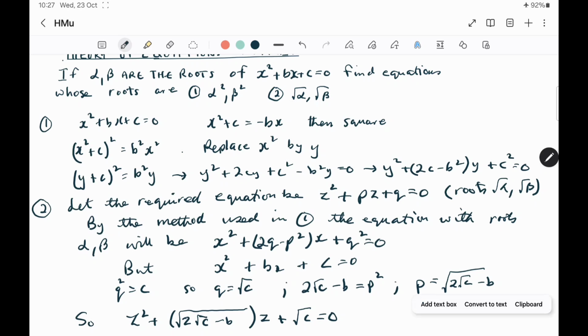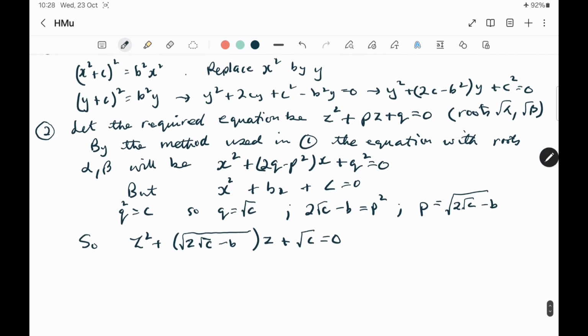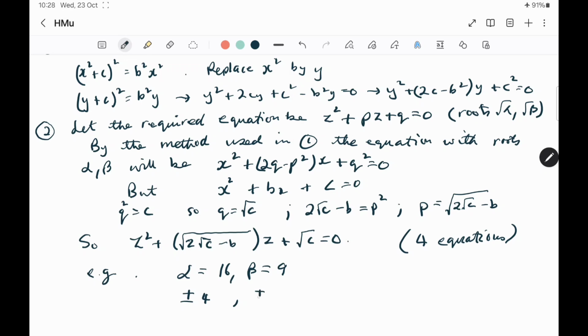That actually represents 4 equations, because you see we're dealing with square roots there, and the square roots can be positive or negative. So using all alternatives will give us 4 equations, which is what you'd expect anyway, because, for example, if alpha was 16 and beta was 9, then the square root of alpha could be plus or minus 4, and the square root of beta could be plus or minus 3.